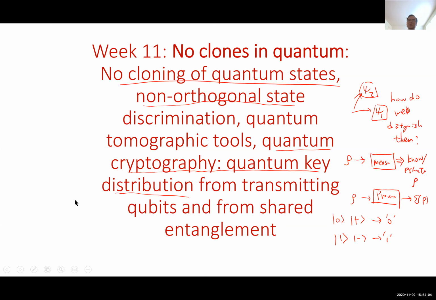Okay, so that's basically a two-minute quick overview of what I'm going to talk about on Wednesday. I don't think I'll have time to go through the detail, but let me stop here to see if you have any further questions.